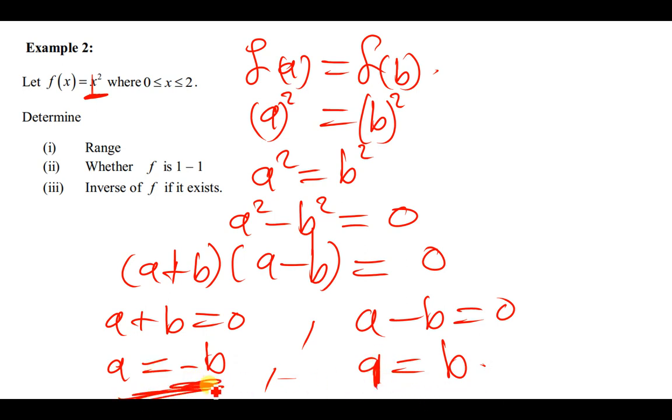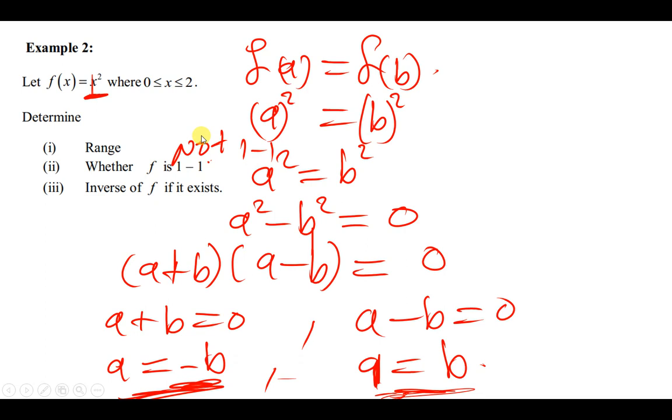This one has a negative on b, this one has a positive on b, meaning they are not the same. If we had found both to be a is equal to b, the answer would have been that this is a one-to-one function. Since these two are different, we conclude that this one is not a one-to-one function.